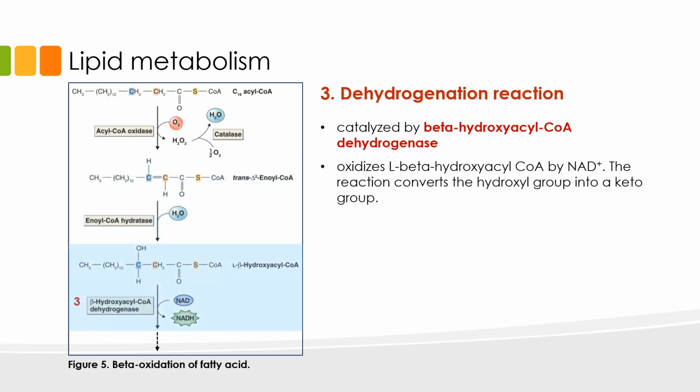This hydroxyacyl-CoA will then undergo a dehydrogenation reaction that is catalyzed by the enzyme beta-hydroxyacyl-CoA dehydrogenase. During this step, hydrogen is removed from the beta carbon, producing a double bond between the carbon and oxygen atom. This reaction converts the hydroxyl group into a keto group.